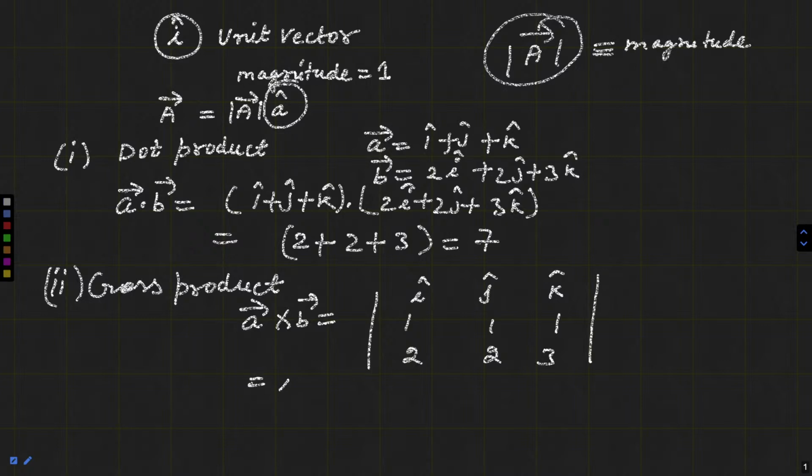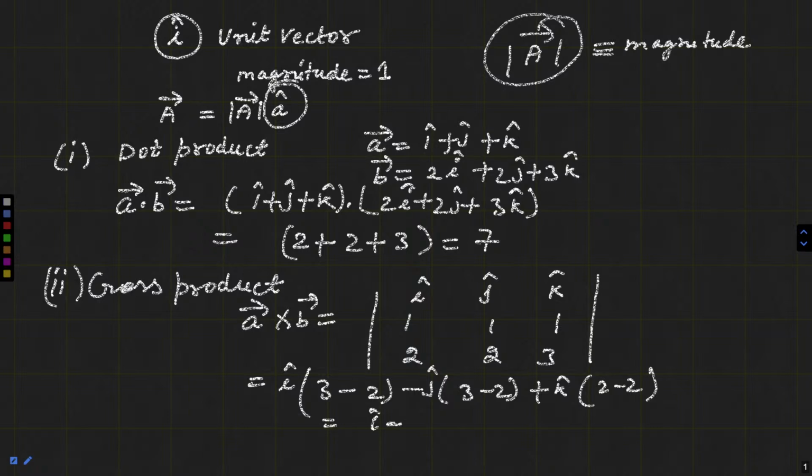So i cap common: 3 into 1 minus 2, minus j cap, 3 into 1 minus 2 into 1, plus k cap, 2 into 1 minus 2 into 1. So it will be 0. So i cap minus j cap plus 0 k cap. So this is the cross product. Clear?